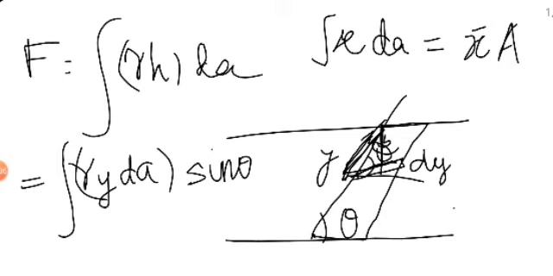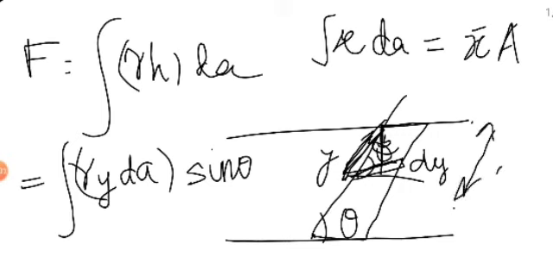Similarly, considering this inclined plate, suppose y bar is the distance of the centroid of the cross-sectional area, measured along the incline.